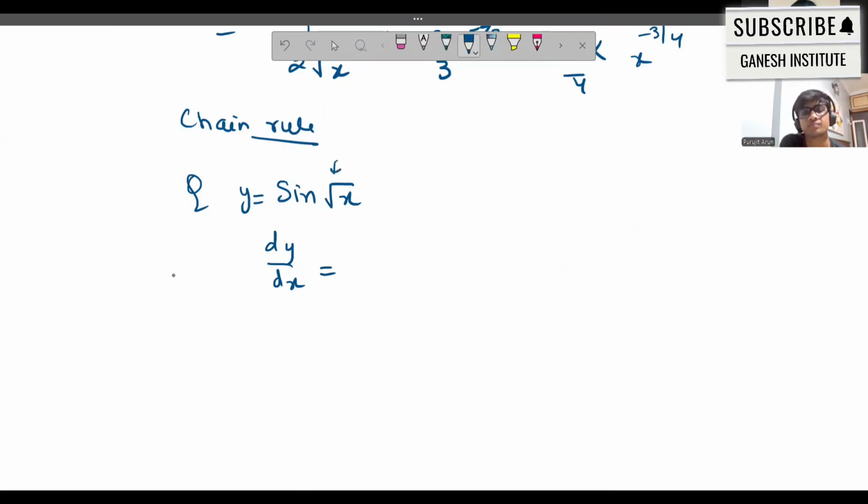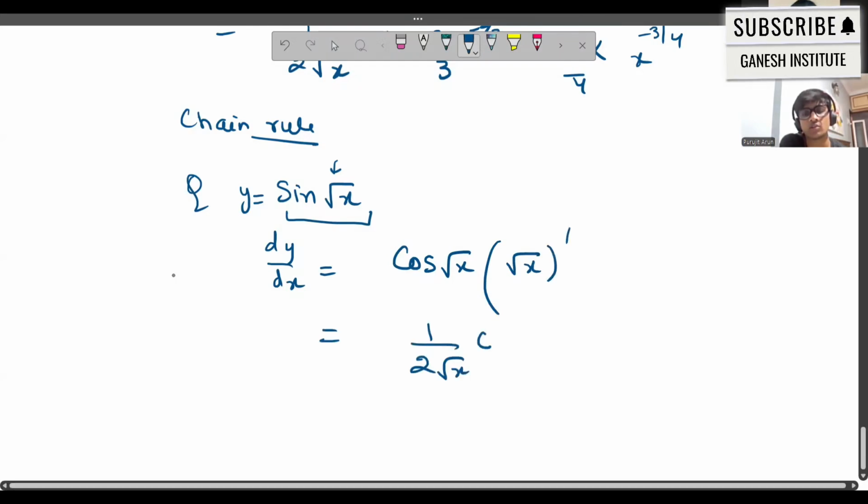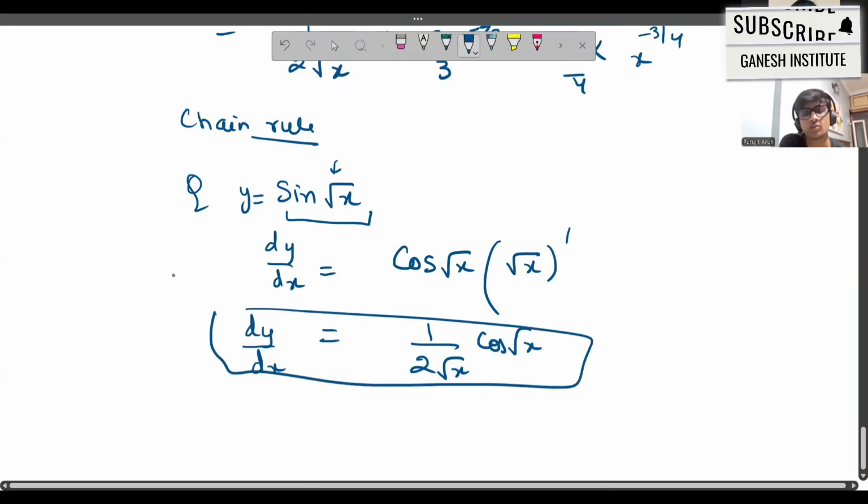Tell me what it will be. So firstly, we'll do sin x. Derivative of sin x is cos x, and into 1 upon 2 x raised to minus 1 upon 2. Correct. Okay, so you got it.